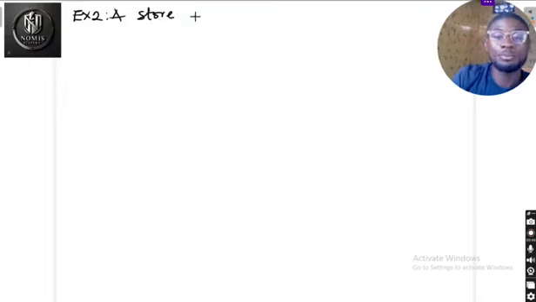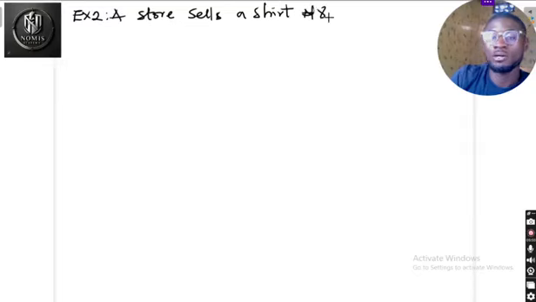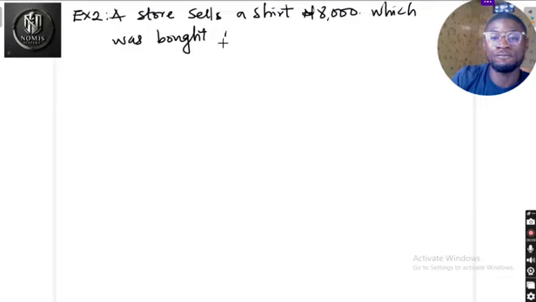Example number 2 says a store sells a shirt for 8,000 naira, which was bought for 12,000 naira.